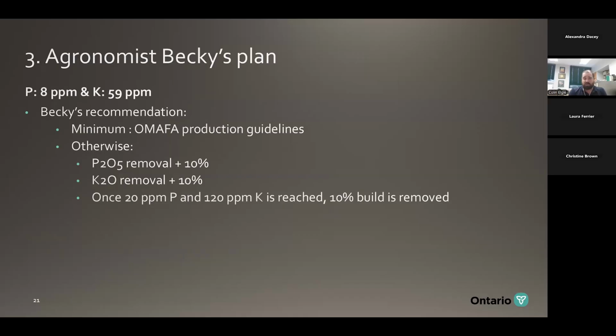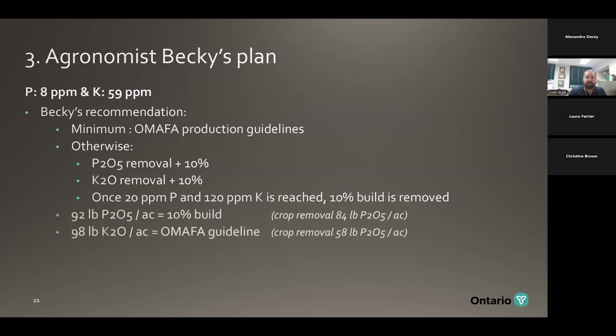And once she hits those targets of 20 parts per million of phosphorus and 120 parts per million of potassium, she's going to remove that build factor. So it would essentially be maintaining those soil test levels at 20 and 120 parts per million. And so with that, for Farmer Joe's field here, she's recommending 92 pounds of phosphate per acre, which is a 10% build over crop removal. And in the case of potassium, she's actually using that OMAFA guideline still.